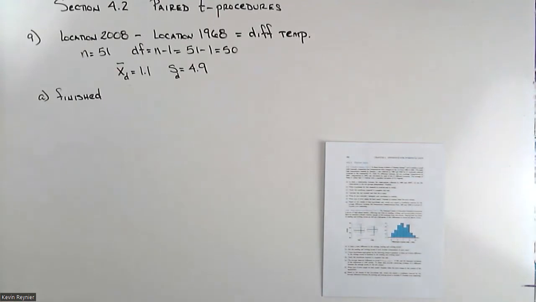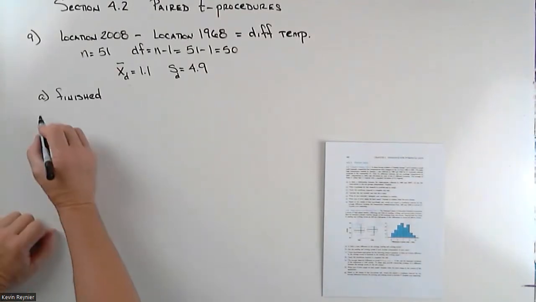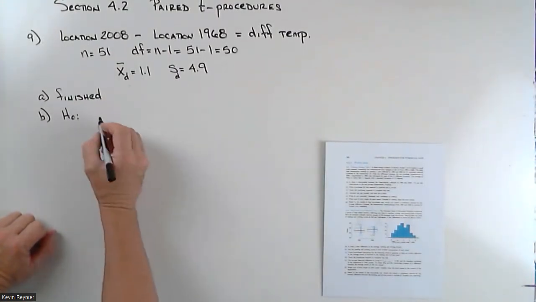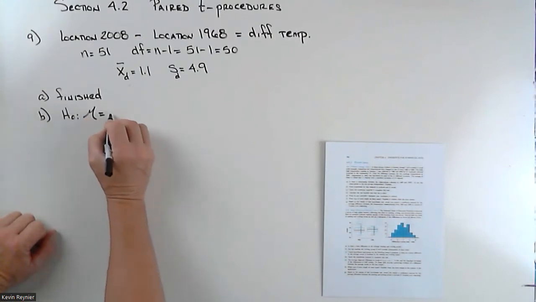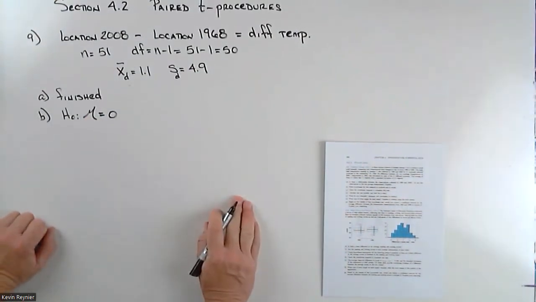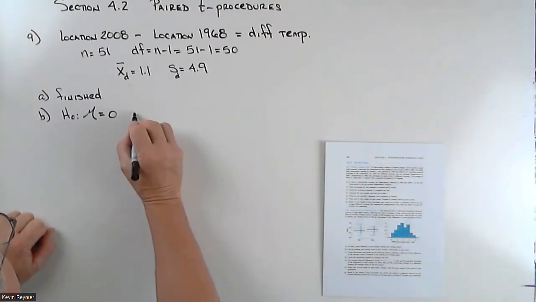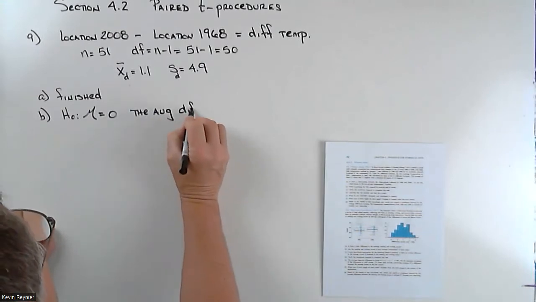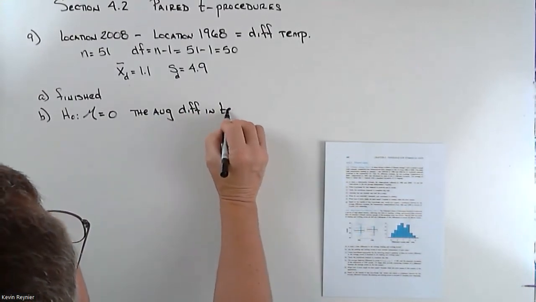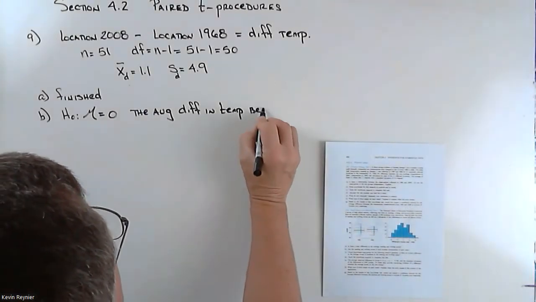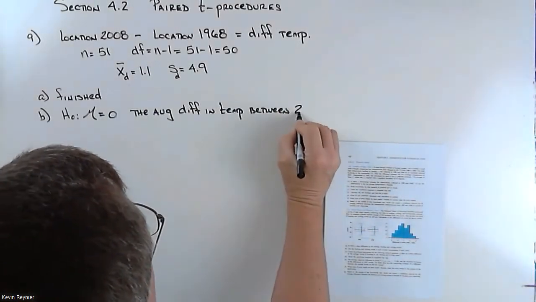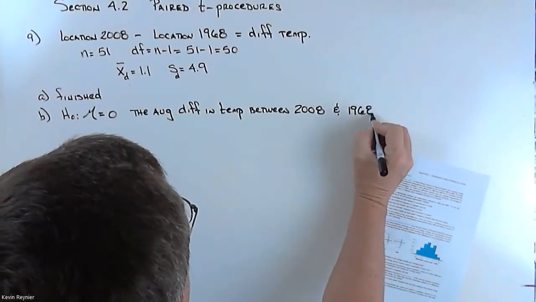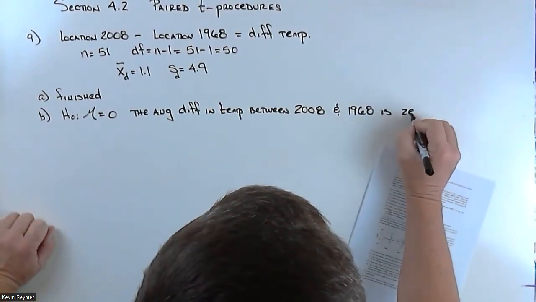Part B says, write a hypothesis for the research in symbols and in words. So our null hypothesis is going to be that the average change in temperature has been 0, i.e., in words, the average difference in temperature between 2008 and 1968 is 0 degrees.